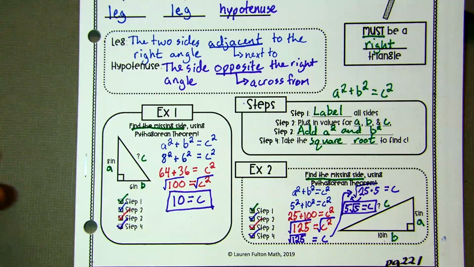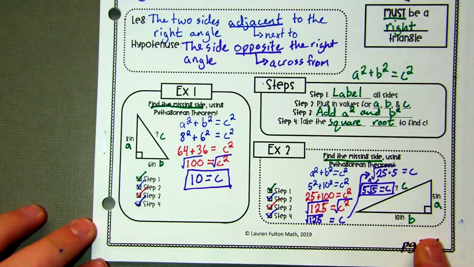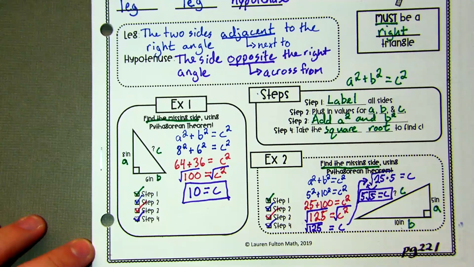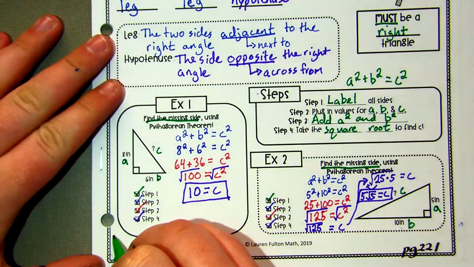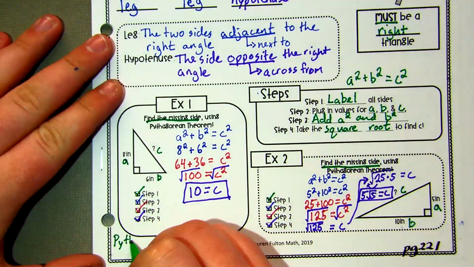And that leads us to one more definition that you'll need. There's no blank to fill in, so we're just going to write it down in the bottom here. Our definition is a Pythagorean triple.